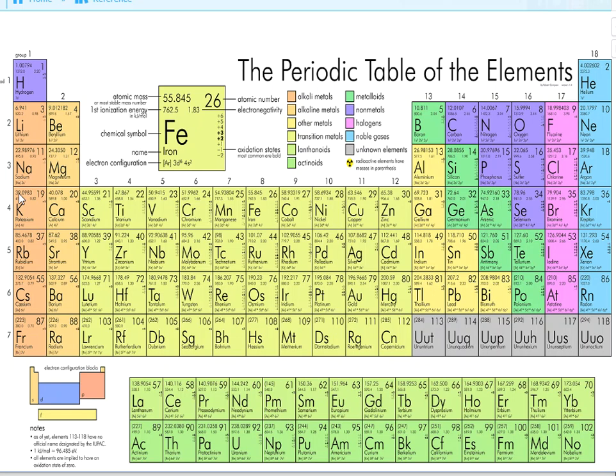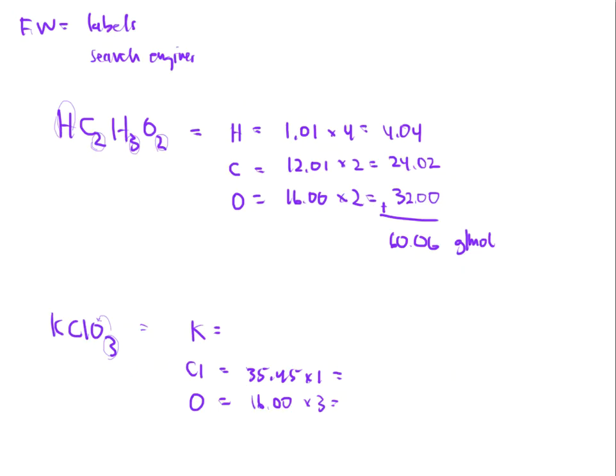In yours, it might be at the bottom, but that is 39.0983. So I'm going to round that off to 39.10. That's the number I'm going to bring in, 39.10. Now, there's only one of those, so I'm going to multiply by 1, and that's easy for me too. So 39.1 times 1 is 39.1.